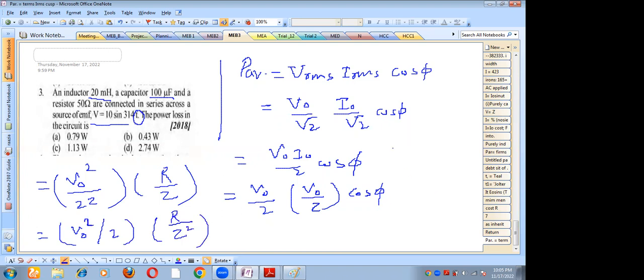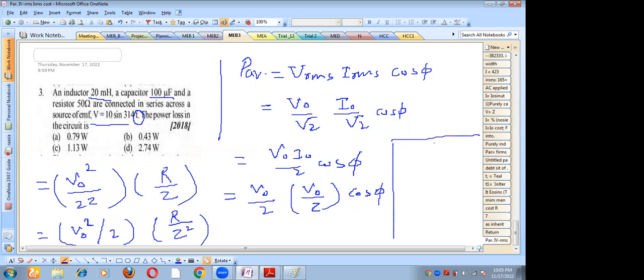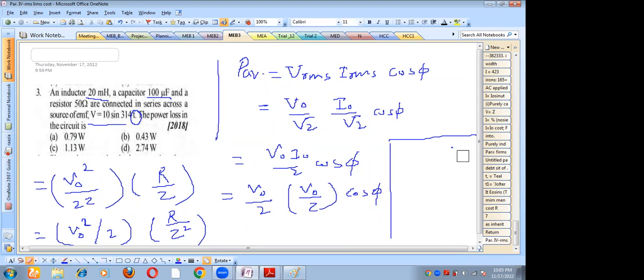Now we have to calculate Z square. So what is Z square? Z square will be R square plus XL minus XC whole square. Sir, how did you convert V naught I naught by 2 to V naught by 2 into V naught by Z?